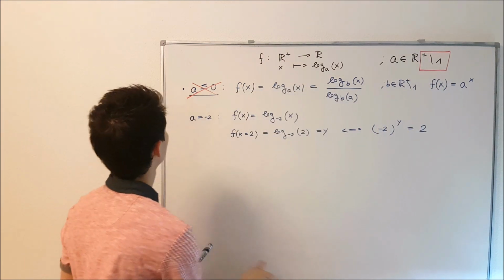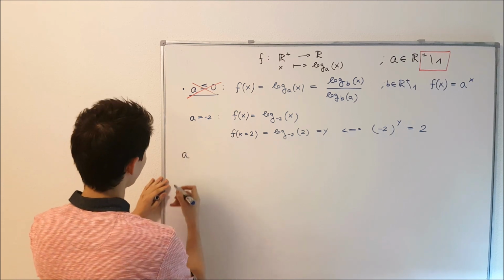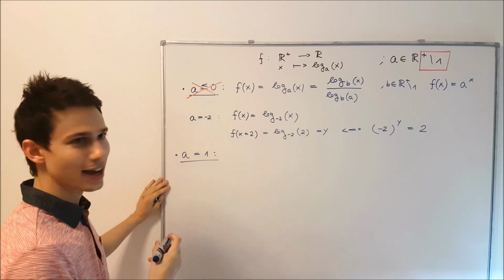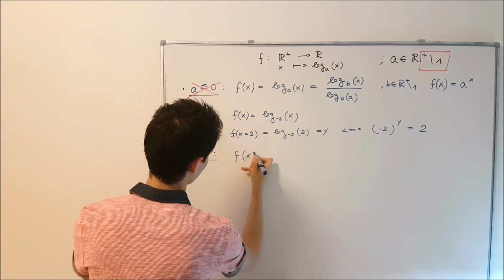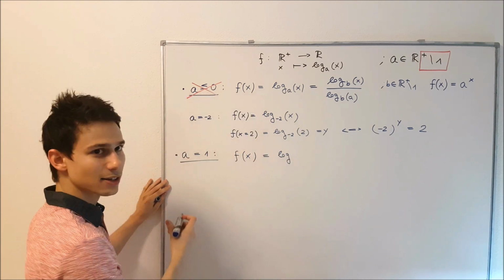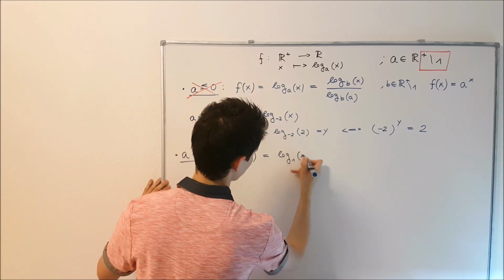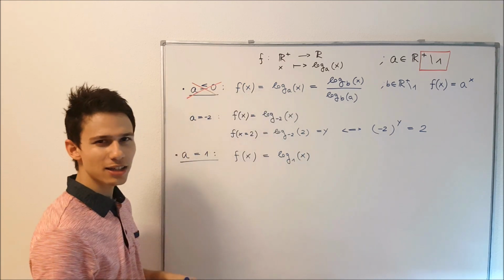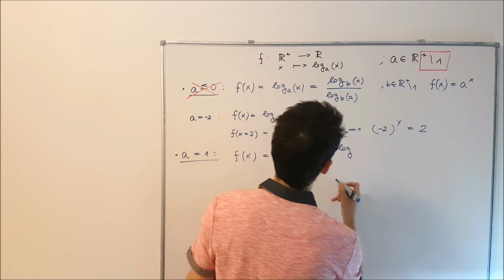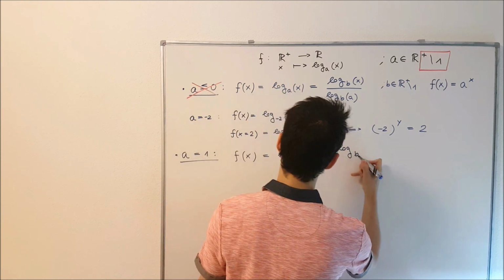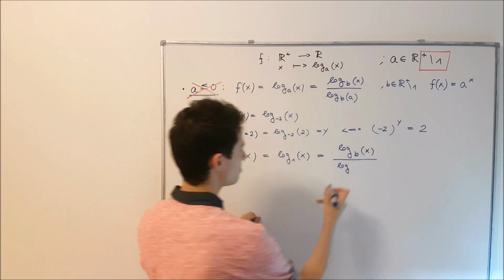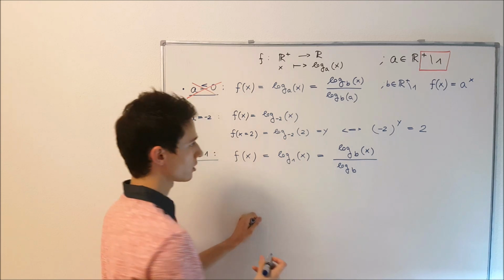What's left is what happens if a is equal to 1. Then we have that f of x is equal to the log to this base 1 of x. And let's again use the change of base formula, which gives us that this is equal to the log to this new base b of x divided by the log to the new base b of the old base 1.